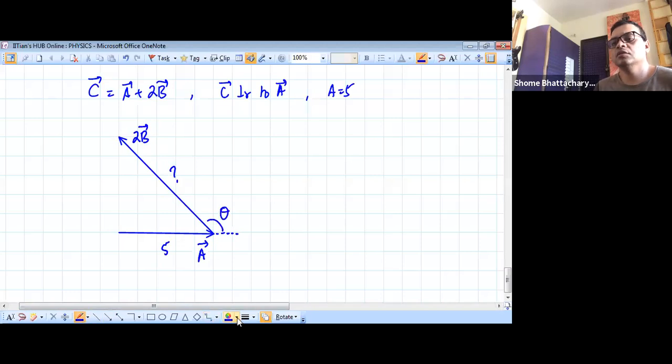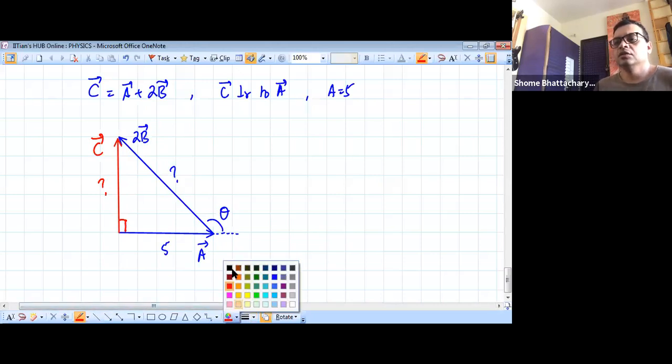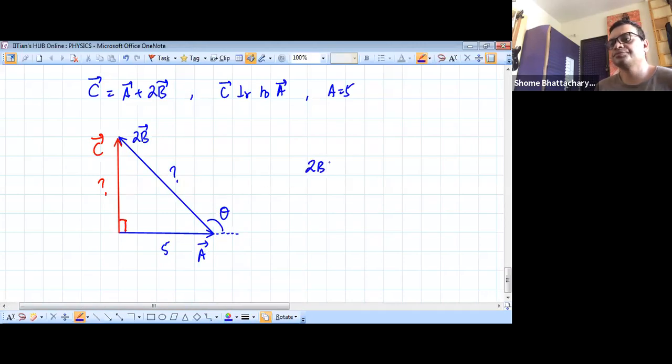But at the same time we know that C, which is the sum of these two, its magnitude is also unknown, but we know this angle is 90. So from this vector triangle, what is the equation we'll get?